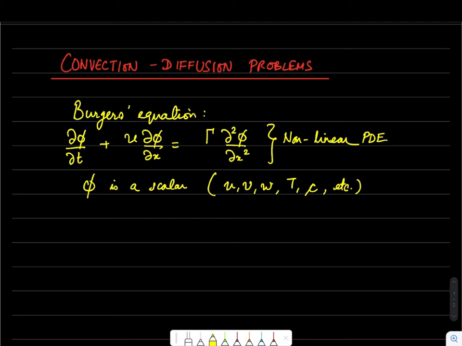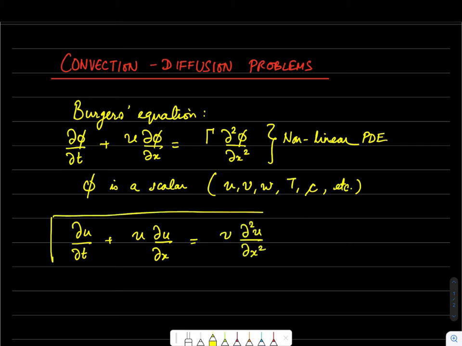So clearly the Burger's equation will be du/dt plus u du/dx is nu d2u/dx squared, which is, as I said, the one-dimensional Navier-Stokes equation.